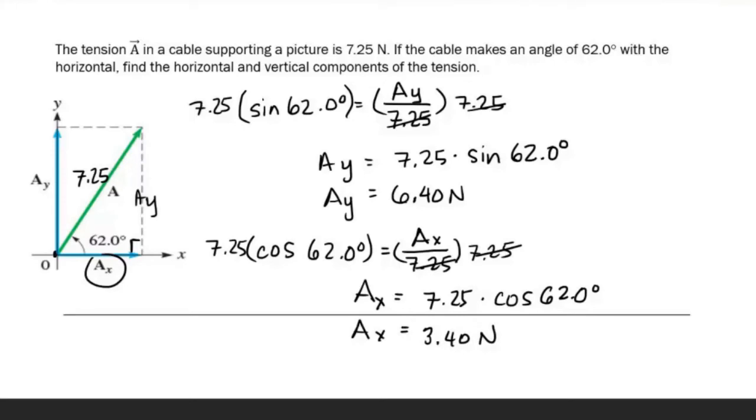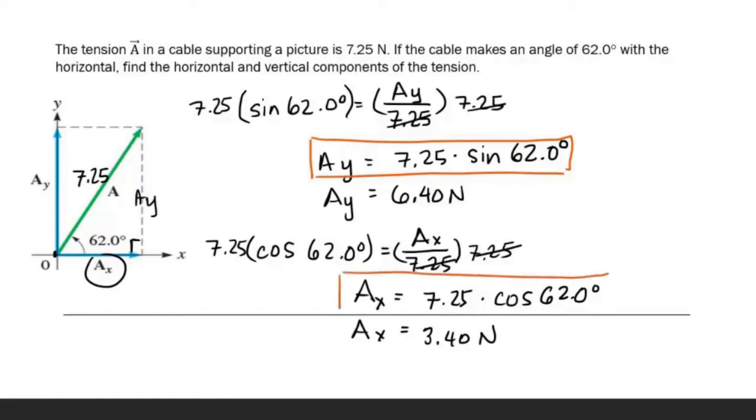We could start this question in the same way each time, but going forward, we can apply the same formula. The y component of the vector will always be the magnitude of the vector times the sine of its angle.